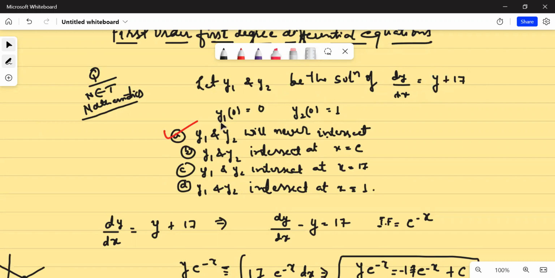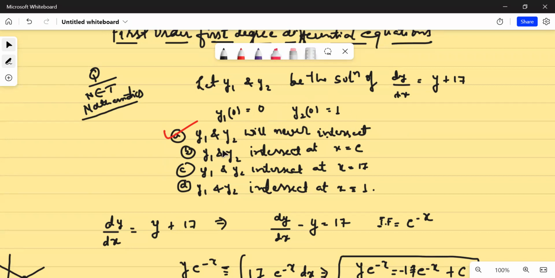That complete solution is given by y1 and y2. It has been asked whether y1 and y2 will intersect at some point or not. Accordingly, there are two solutions corresponding to these two initial conditions.